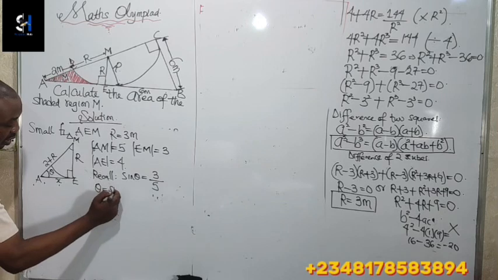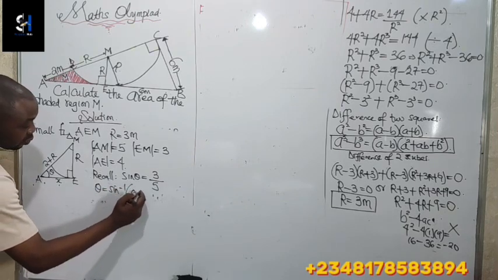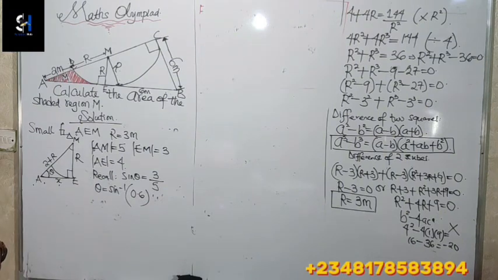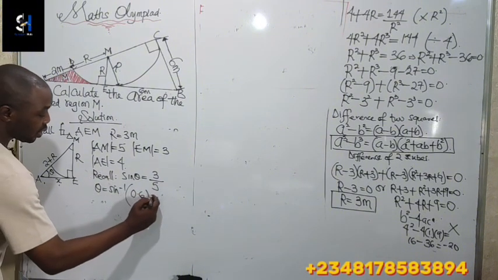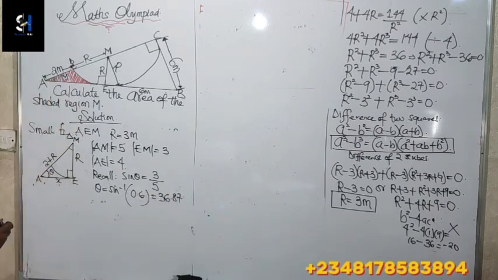So theta is the inverse sine of 0.6. The inverse sine of 0.6 is 36.87 degrees.